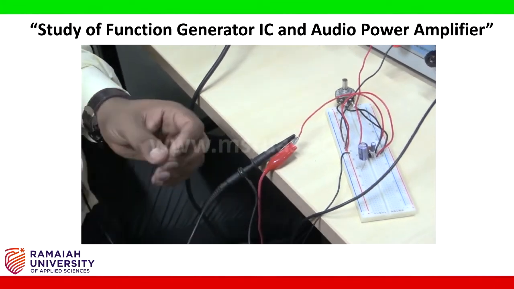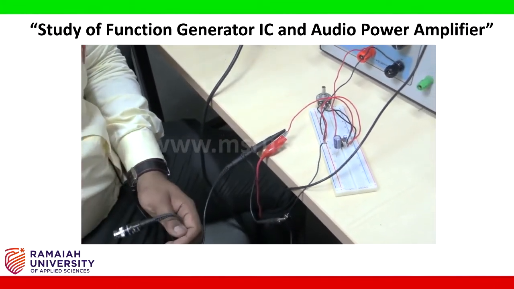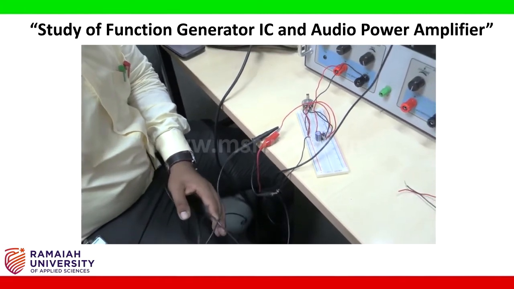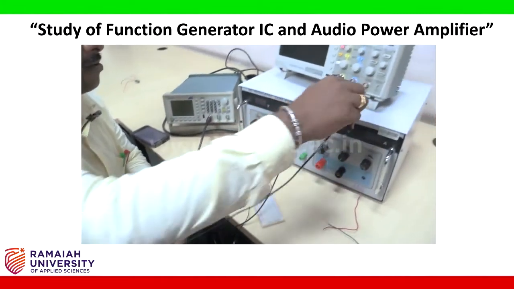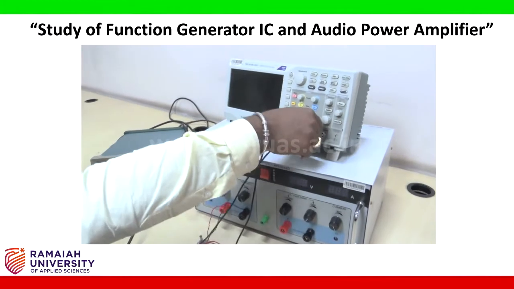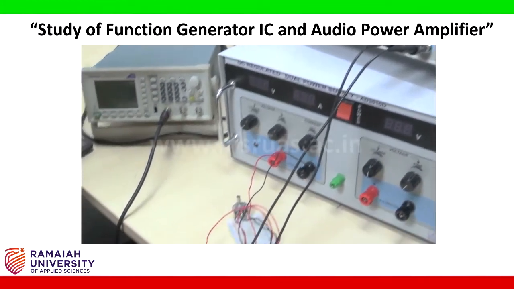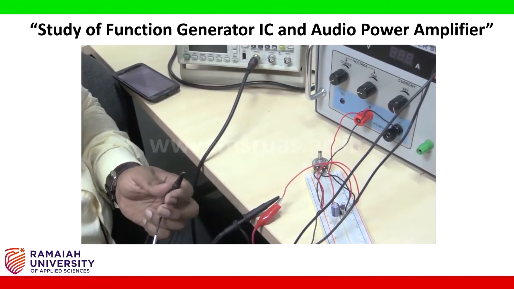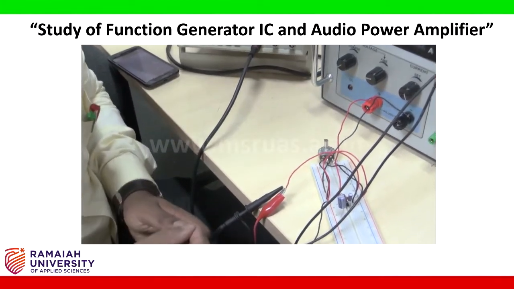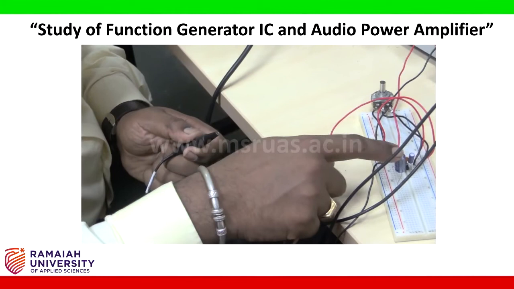Next I am going to connect the output port to see the output signal on channel number 2. The positive I am giving to pin number 5, which is connected with the capacitor.